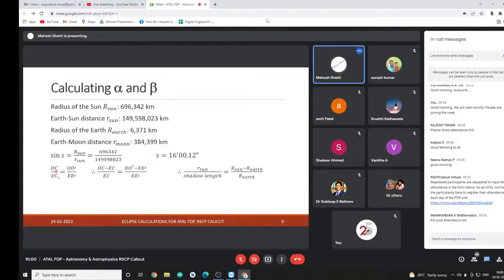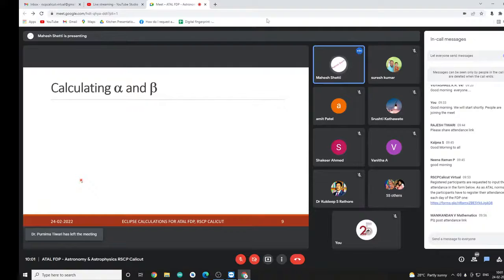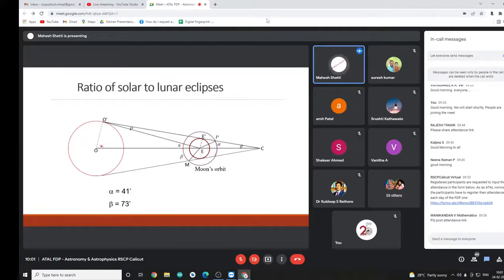So let me just go back to the slide. Look at this particular formula. OC upon EC is OO' upon EE'. Let me go back to the earlier formula. So what we have done is we have taken the triangles O'EC and E'EC, and these two are similar triangles.